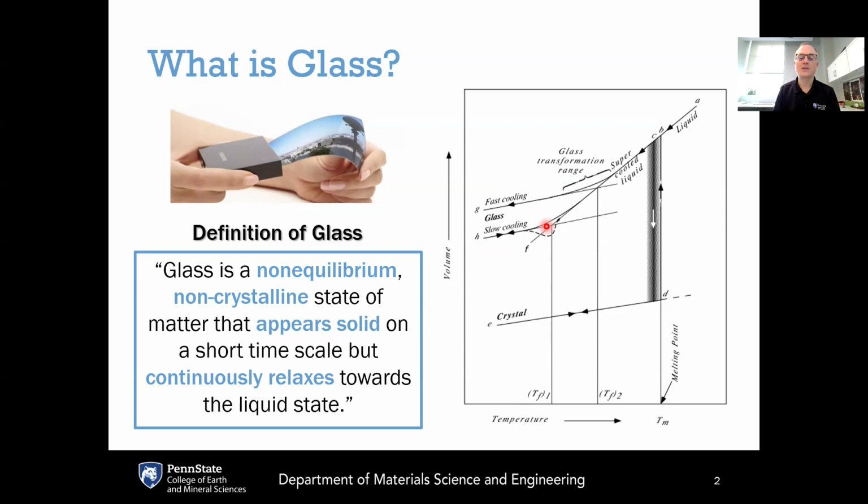As that's happening, there's a continuous decrease in the Gibbs free energy of the system. That decrease in the Gibbs free energy is what enables it to get closer to equilibrium. So glass is a non-equilibrium, non-crystalline state of matter that appears solid on a short time scale, but continuously relaxes towards the liquid state.